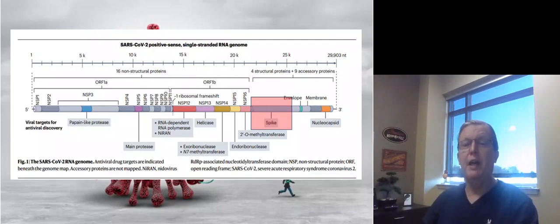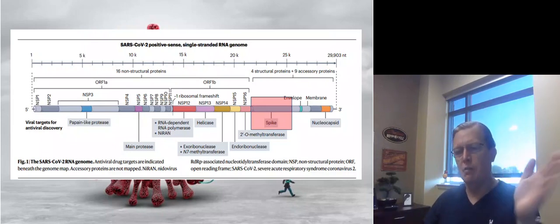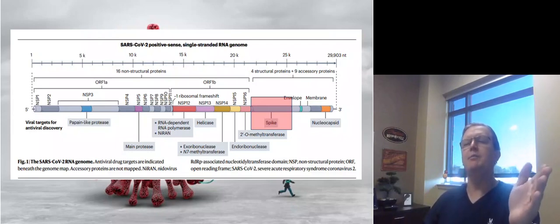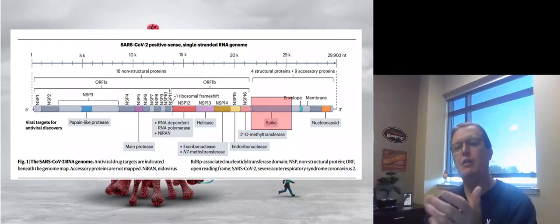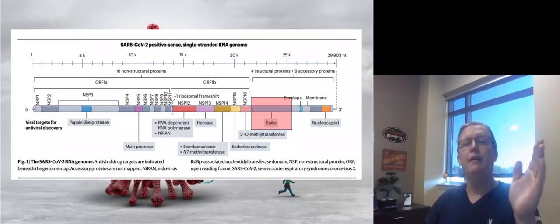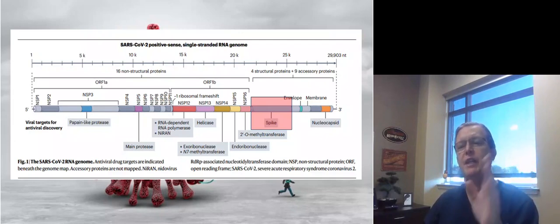But on this particular slide, what I want you to notice is the red box that I've created that overlays the spike portion of the DNA. The SARS-COVID, COVID-19, the coronavirus has approximately 29,000 genes. That's the count across the top, where you see 1, 5K, 10K, 15K, 20, 25, and then 29K.